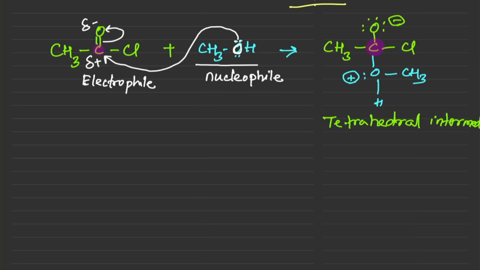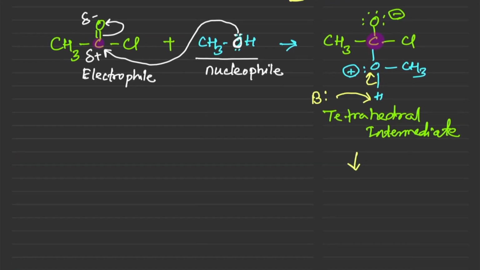Next, in our reaction, we are going to deprotonate this. Every time you see a positive charge on oxygen, your goal should be to neutralize it somehow. We can neutralize it if we bring these two electrons back to oxygen.